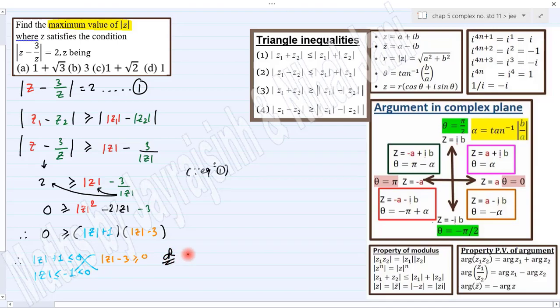So we have to consider the second condition, which suggests that mod z plus 1 is greater than or equal to 0 and mod z minus 3 is less than or equal to 0, which gives us mod z greater than or equal to minus 1 and mod z less than or equal to 3. So we can say the maximum value of mod z is plus 3, which is given in option D.